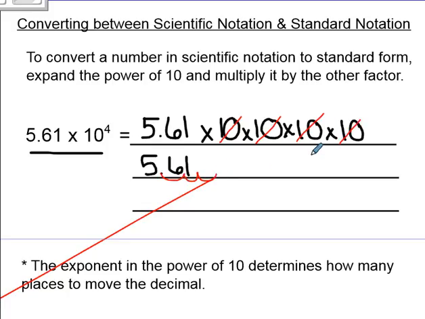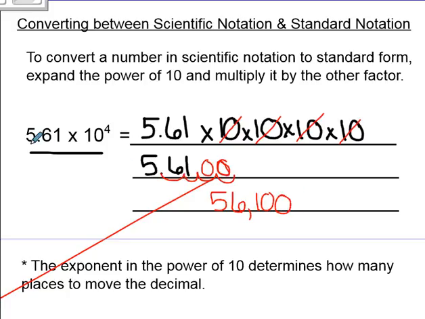And one final time. I have to add in my zeros here so I have my whole number. And here I have my answer, my standard form. Let's write that out a little nicer. 56,100.